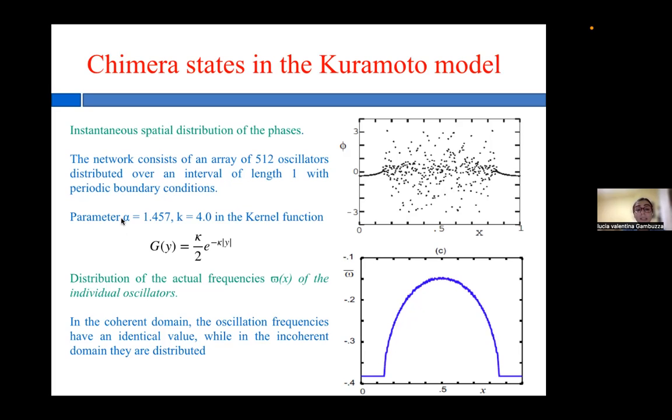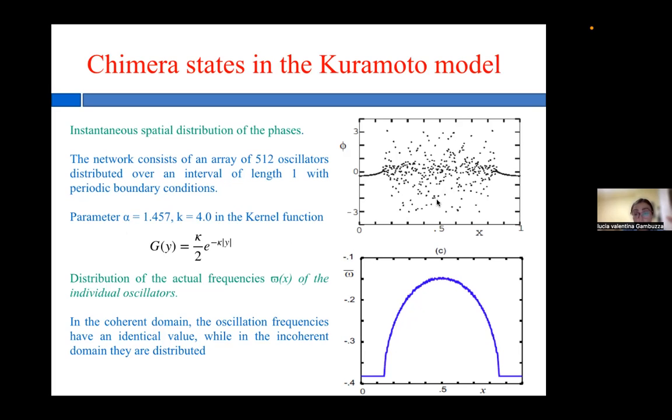We have the tunable parameter alpha, which has been fixed to this value, and the coupling strength is fixed to 4. The kernel function, as I said before, is an exponential kernel function, so it gives us information on the connection of the units inside the network.